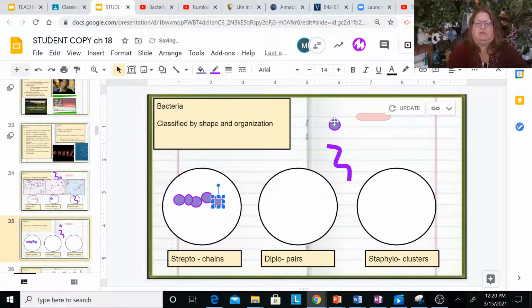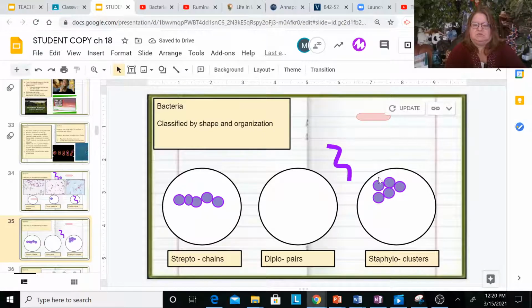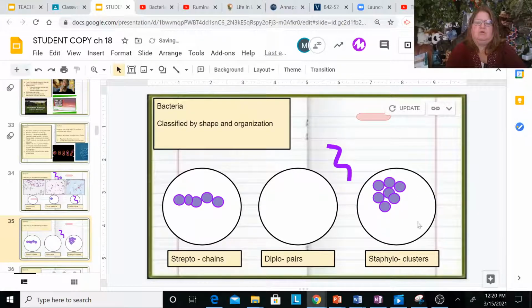So if you've ever been to the doctor's office where they do a throat culture, that throat culture allows them to identify visually. So another type of organization would be staphylo, meaning that they're in clusters. And so I'm going to just copy a couple more. And that just means that if they saw it under the microscope, they would know that that's a staphylococcus, not streptococcus.